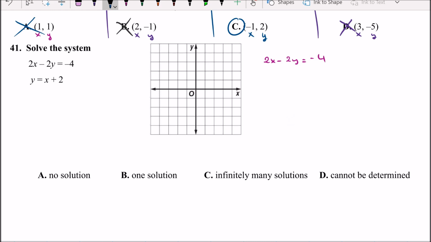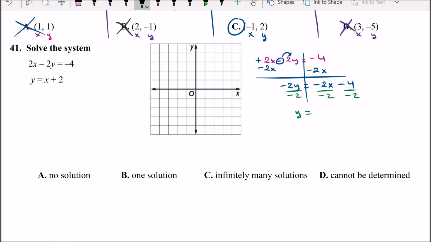The negative sign belongs to 2y. 2x itself is positive, so you subtract 2x on both sides. Bring down negative 2y equal to negative 4, you can't combine negative 2x because 4 doesn't have an x. You just write them side by side: negative 2x minus 4. Then we divide both sides by negative 2 to get y by itself.